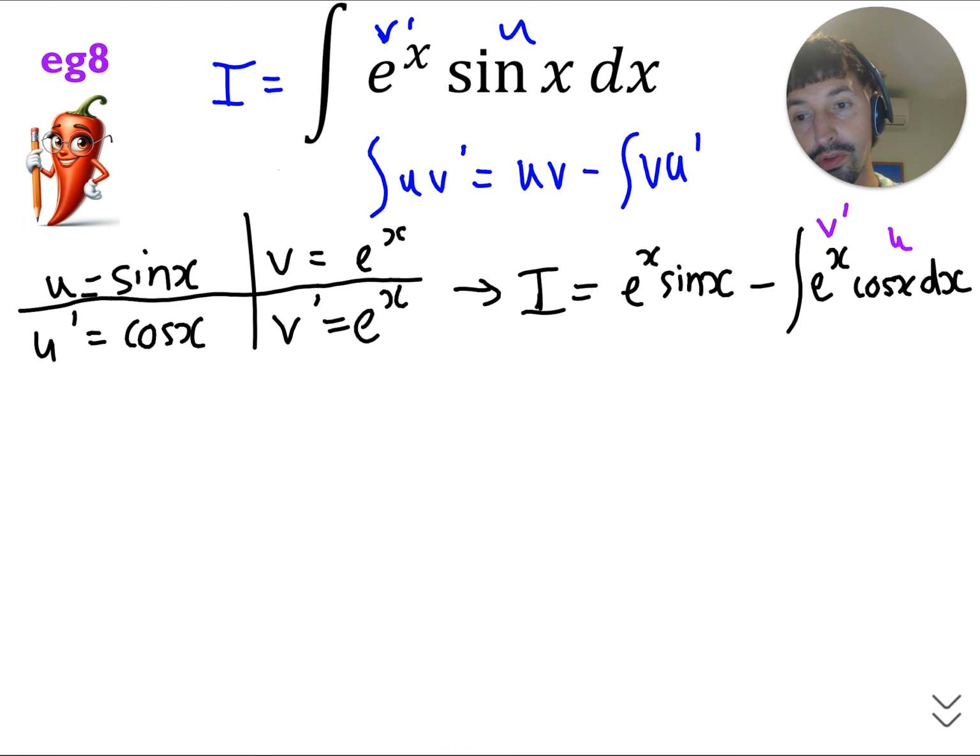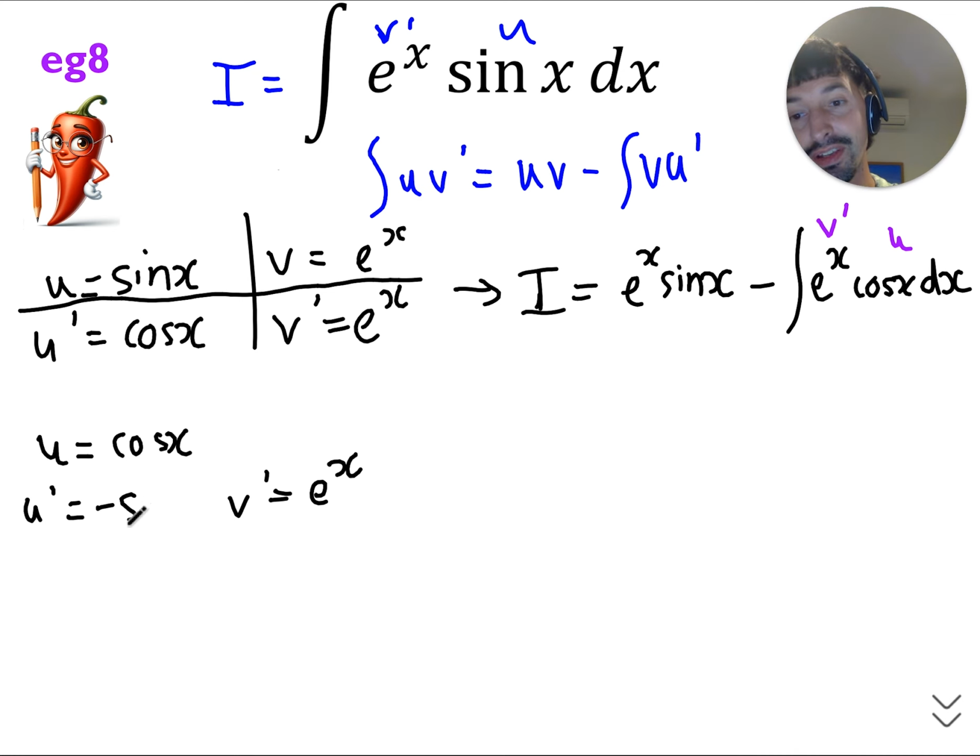So u equals cos x, v dash equals e to the power of x. Differentiate cos x, you get negative sine x. Integrate e to the power of x, we get e to the power of x.